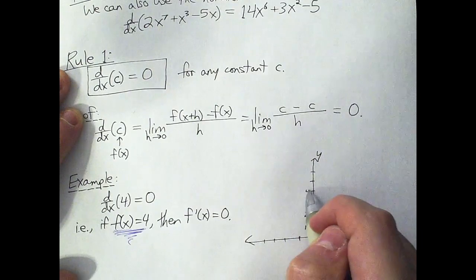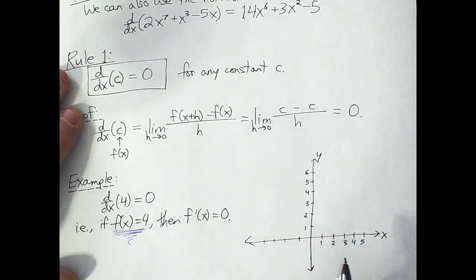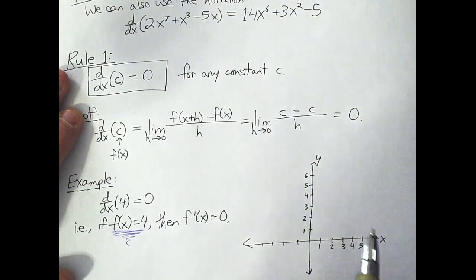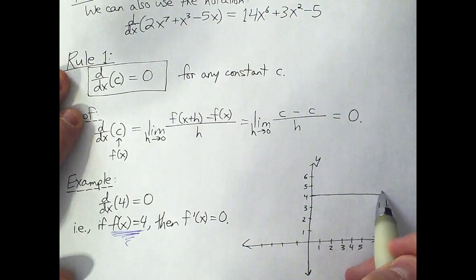Hopefully you know what that picture is going to look like. The graph of y equals 4: the y coordinate would be 4, and it would be a horizontal line.